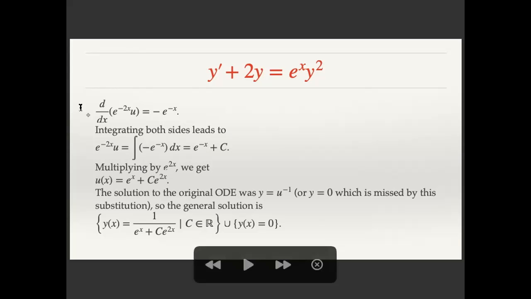So here we got rid of the derivative, and we are just left with e to the minus 2x times u, again possibly plus a constant. And then this is equal to the antiderivative of minus e to the minus x. And the antiderivative of minus e to the minus x is e to the minus x plus another constant.